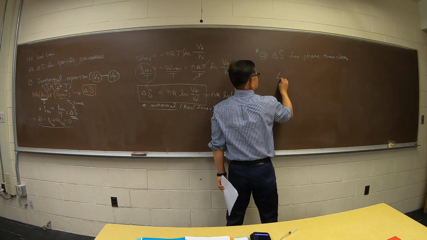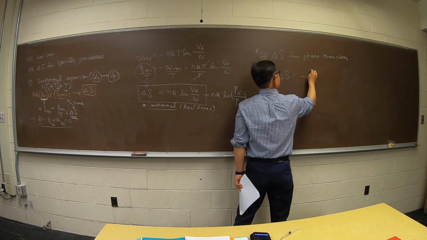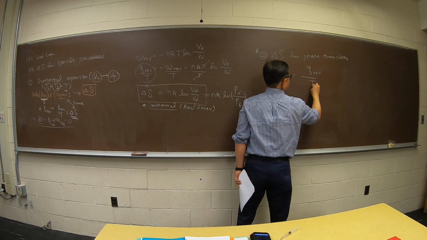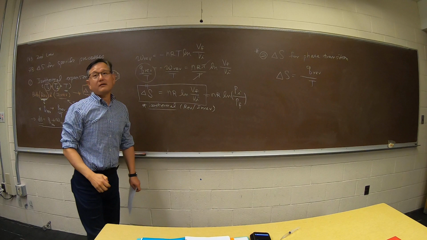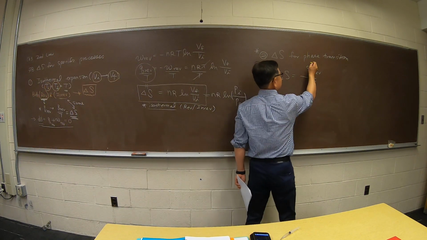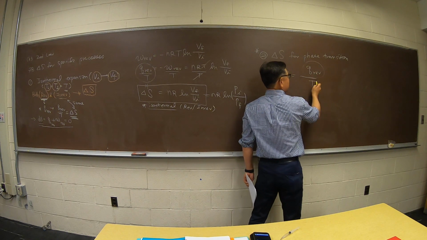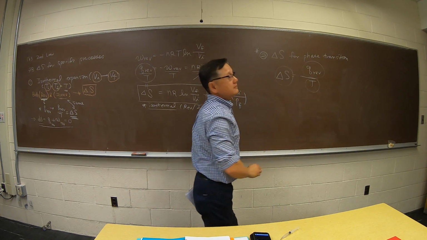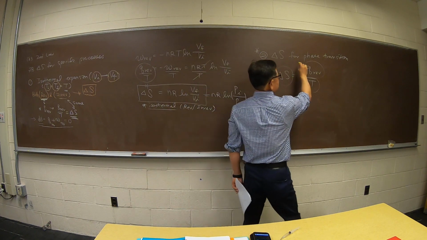Once again, delta S is Q reversible over temperature, and you already know there is a process that involves reversible heat while keeping the temperature constant, and that is the phase transition.